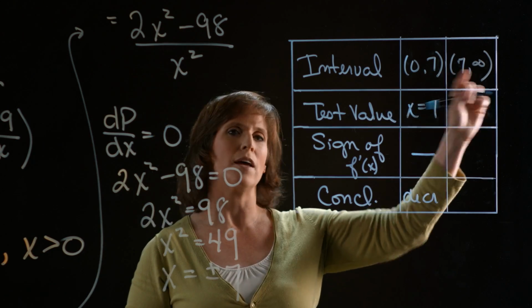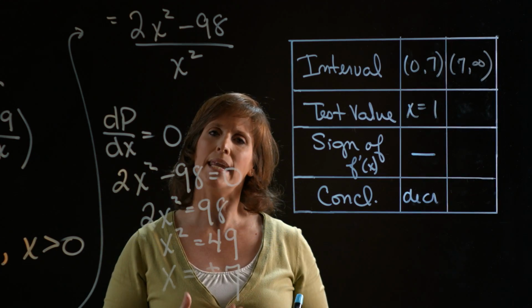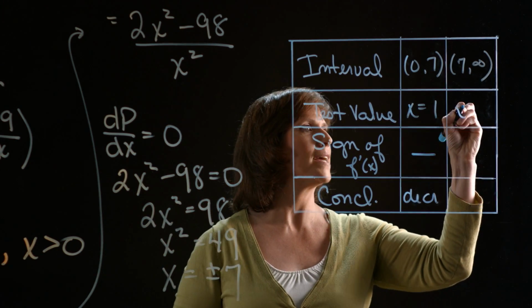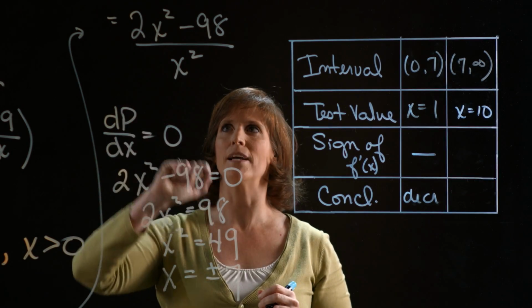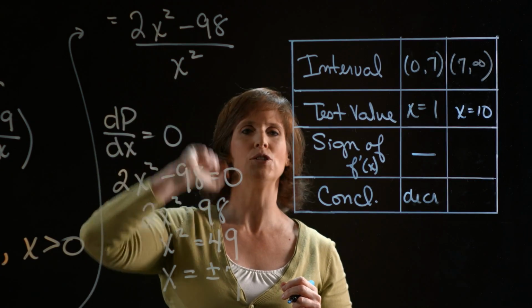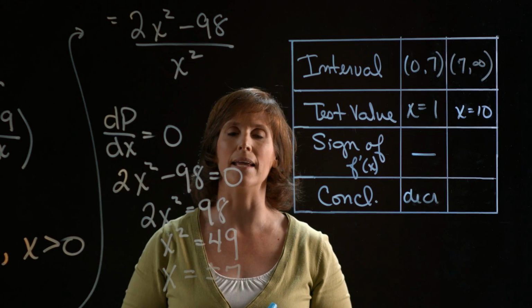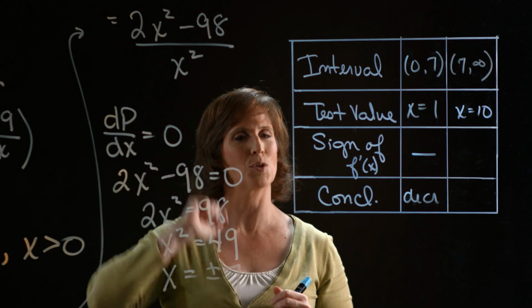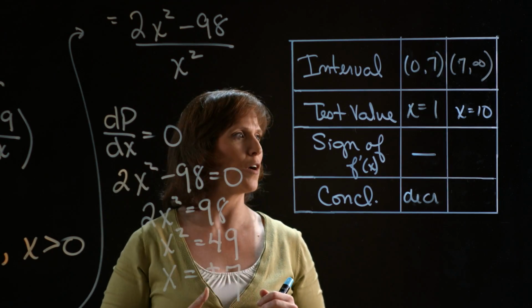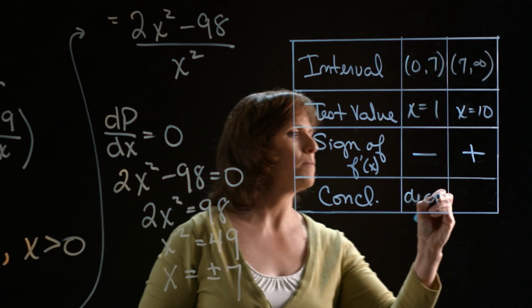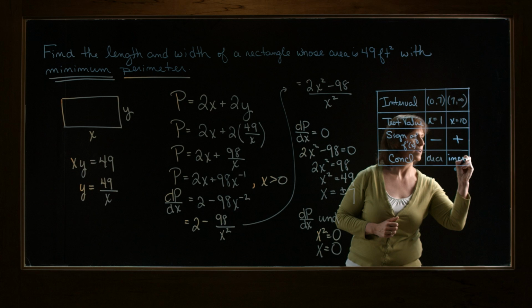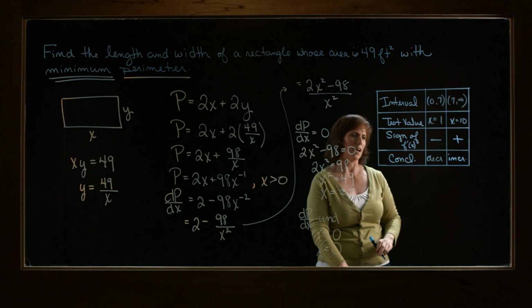Let's do the same thing for my interval from 7 to infinity. Pick any number you like on that interval. Let's try 10. When I plug 10 into my derivative, I'll have 100 times 2, or 200, minus 98, a positive number. x squared is always positive. Positive over a positive is positive, which means that my function is increasing. So what's happening here?